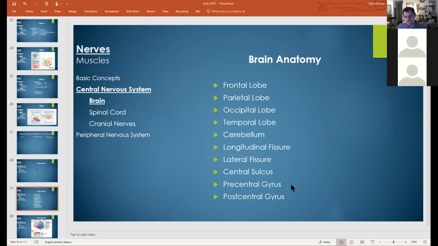I didn't get around to changing the PowerPoint before I started class, and so I won't make you responsible for testing purposes to know this, but I want you to know that your precentral and postcentral gyrus are where your brain is going to be processing sensory and motor information.